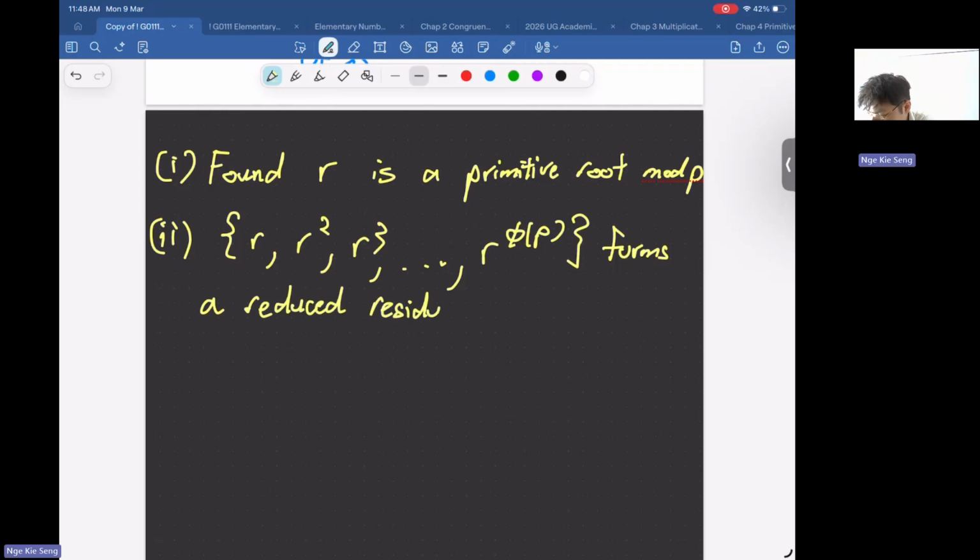residue system. So why do we care about this reduced residue system?